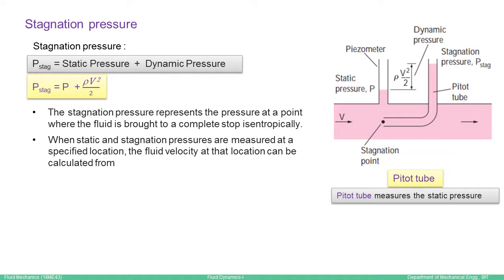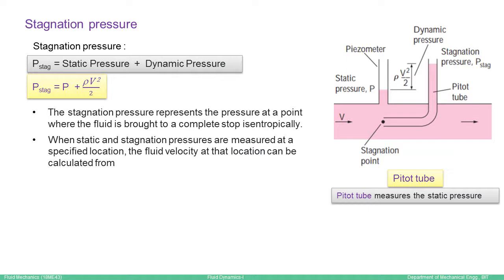And if a fluid particle moving with a velocity of v is stopped with the help of a pitot tube at the stagnation point, let me remind you, this pitot tube is a bent tube which is placed in the line of fluid direction.